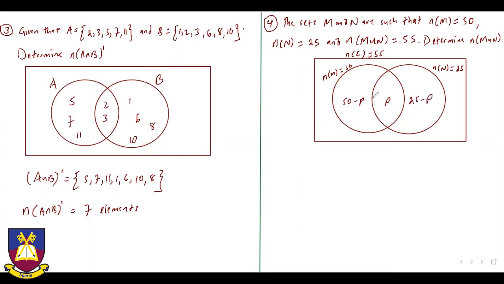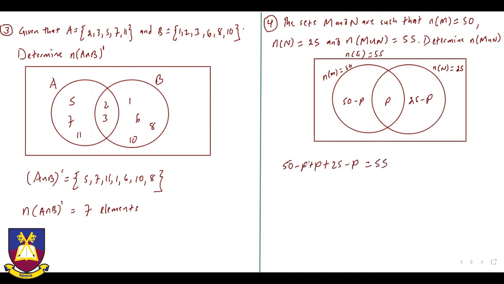We shall add them and they will equal 55. 50 minus p, plus p, plus 25 minus p is equal to the universal, which is 55.